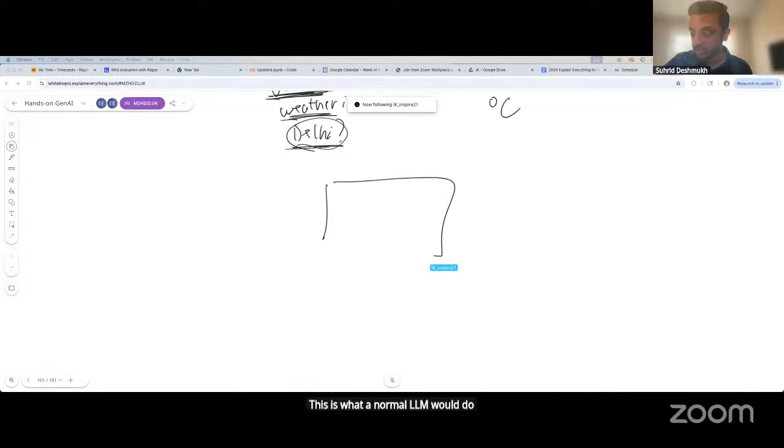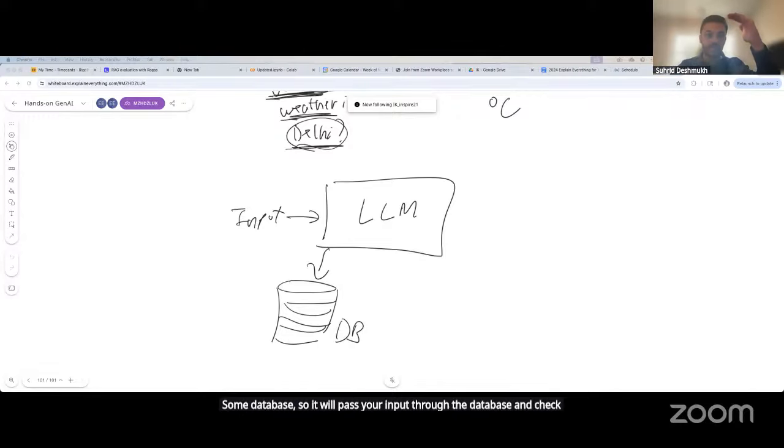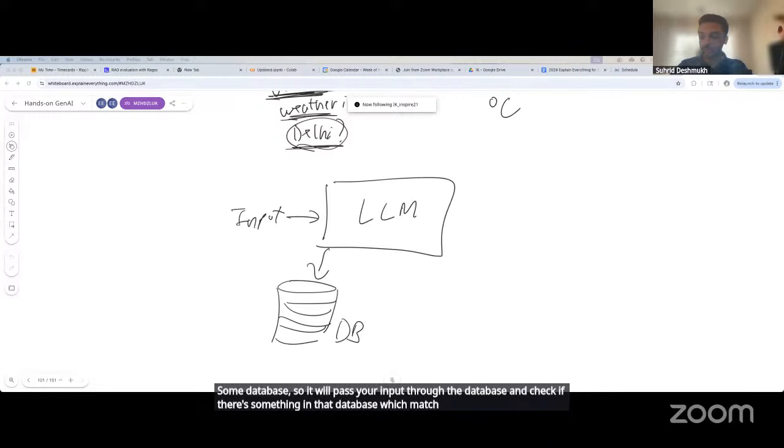On the other hand, what a RAG-based system would do is, if it has an input, it will first take your input and look at some database. It will pass your input through the database and check if there's something in that database which matches your input very closely.